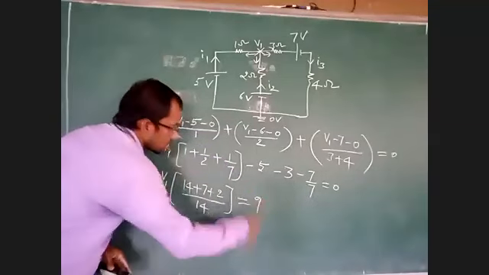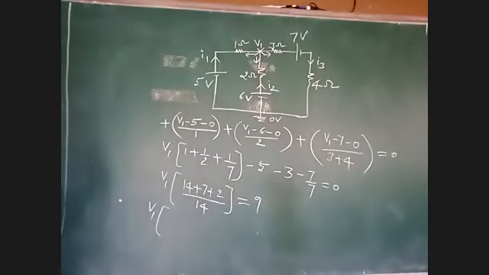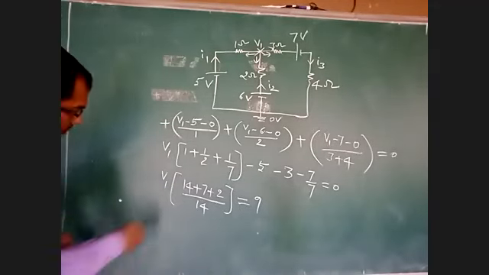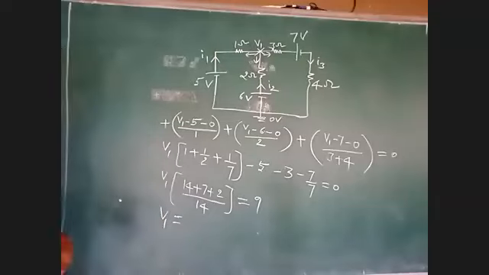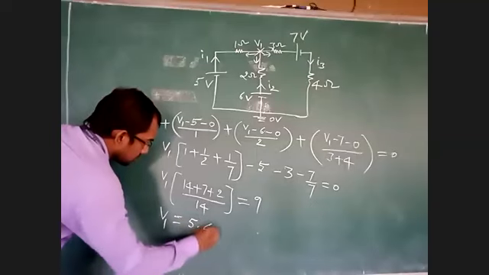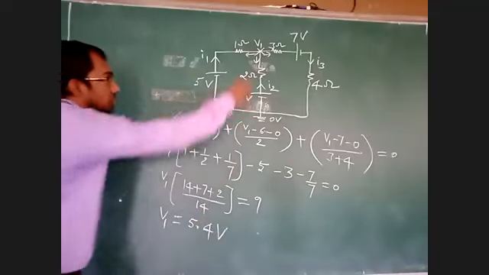That means minus 8 minus 1, minus 9. If minus 9 comes to the other side, it becomes the right hand side. Now simplify and tell me V1. 5.4, sir. This is your node voltage.